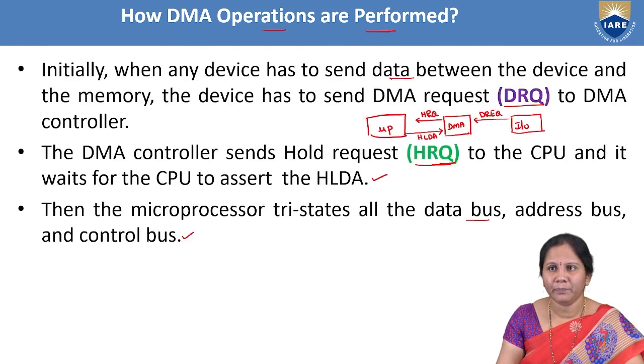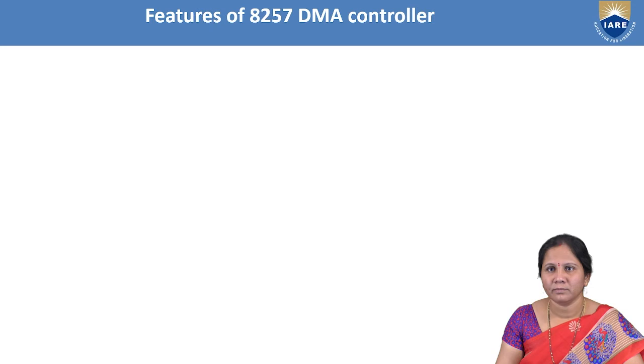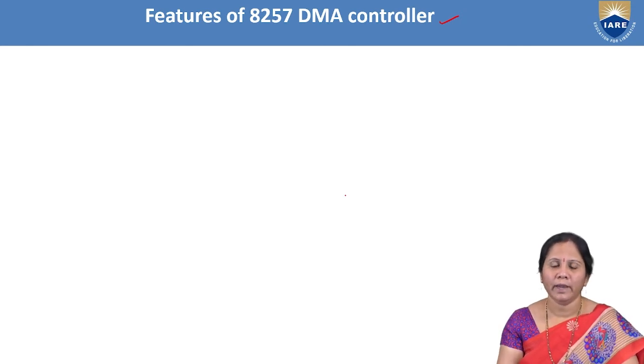That means after receiving this HLDA, the DMA controller is going to send the DMA acknowledgement, that is the DACK signal, to the I/O device. This is how the operation is performed when the DMA controller is involved and when it is not involved. Up to now we have discussed the need for the DMA controller.